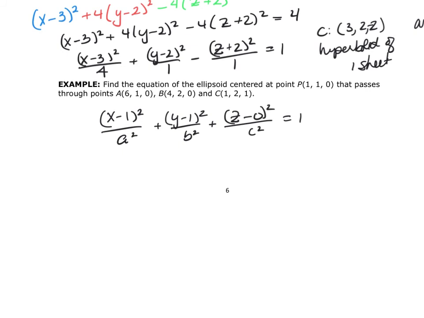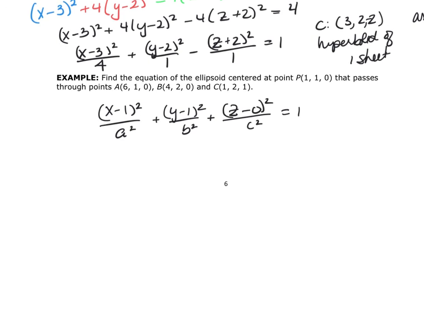Now, given the fact that this has to go through 6, 1, and 0, 4, 2, and 0, and 1, 2, and 1, let's start out with the first point, point A. If we start out with point A, we have 6 minus 1 squared, because remember my point A is 6, 1, and 0, so we're going to replace my x's with 6, my y with 1, and my z, of course, with 0.